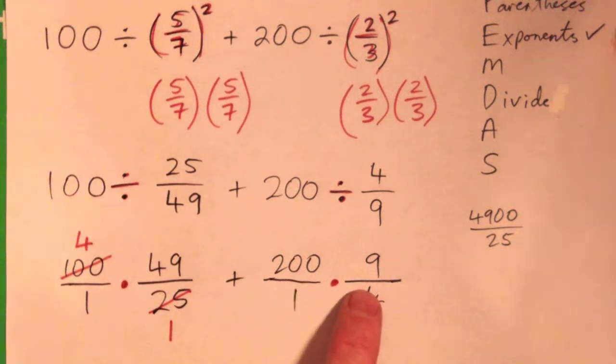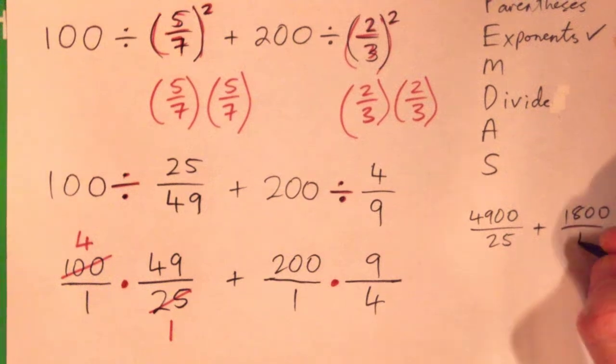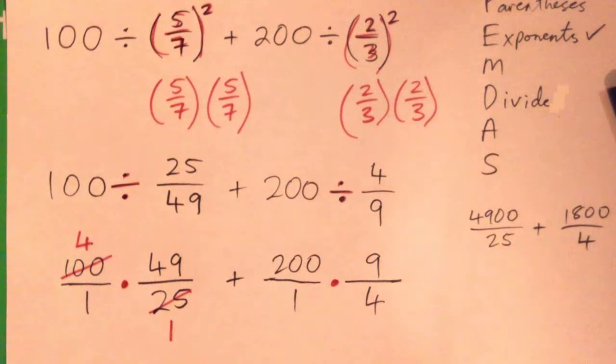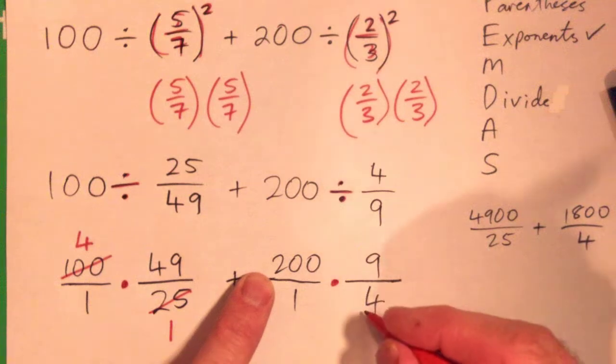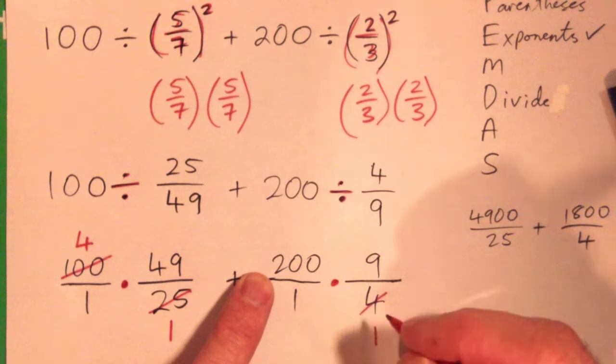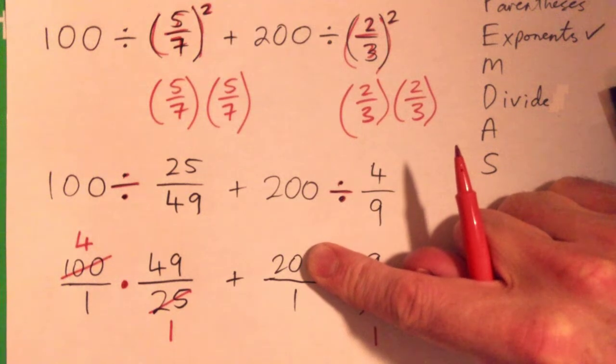How about this one? Should we write this as 1800 over 4 and then simplify it, or what? So you think 4 might go into 200? Let's do it little by little. 4 into 4 goes once. Just put your finger over that 0 and call that 20.